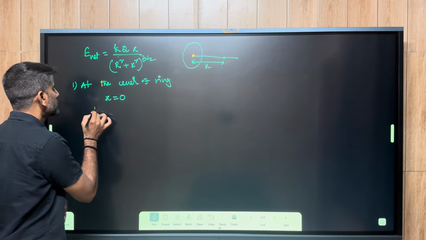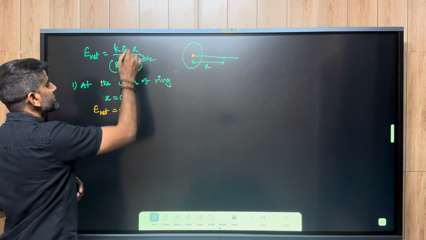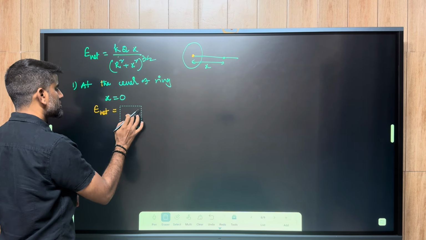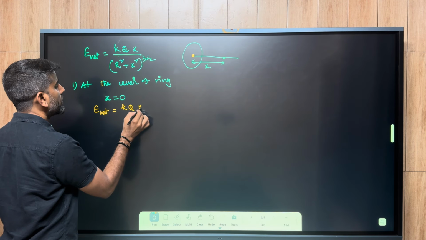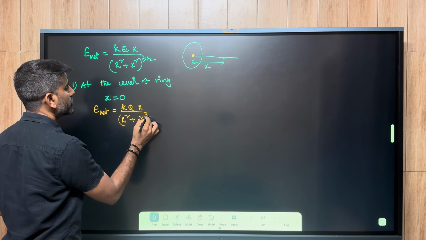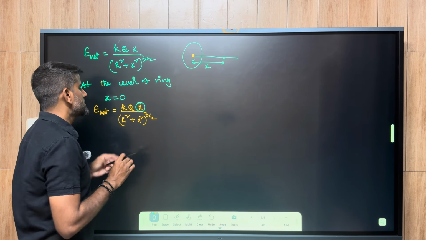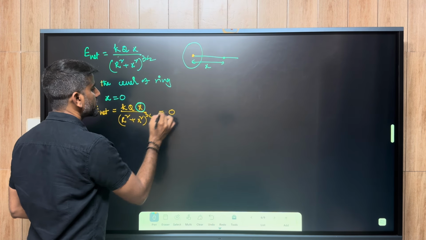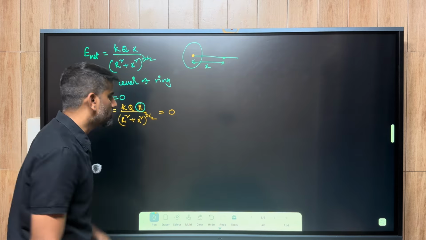If x is equal to 0, then E net should be equal to 0. Looking at the equation, k q x by (r square plus x square) whole to the 3 by 2, we have x in the numerator which is 0, which results in 0. So the electric field at the center is 0.